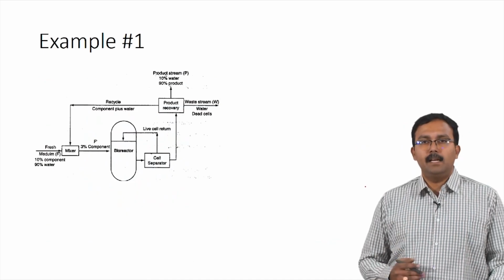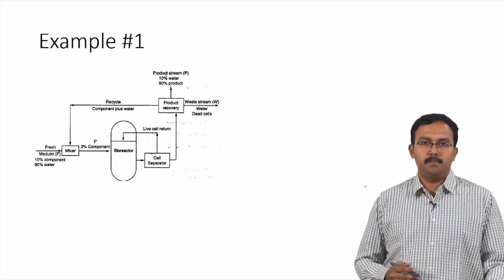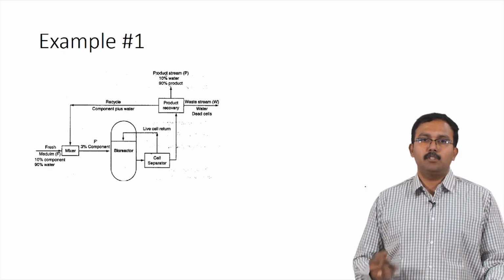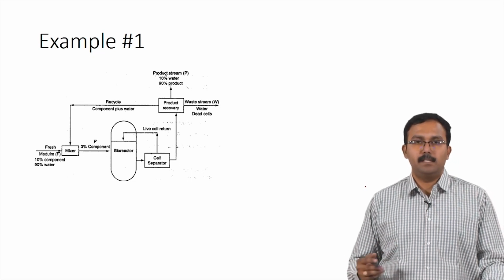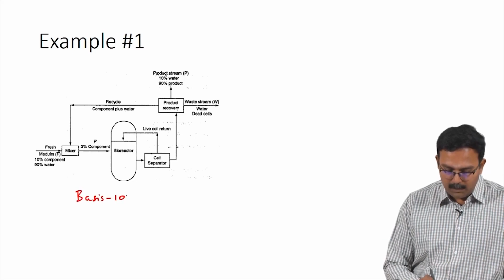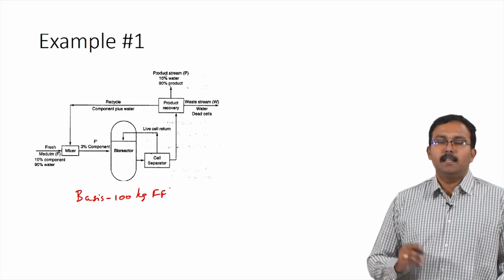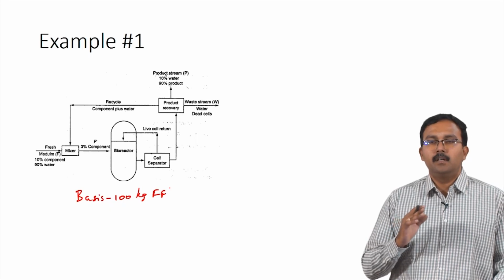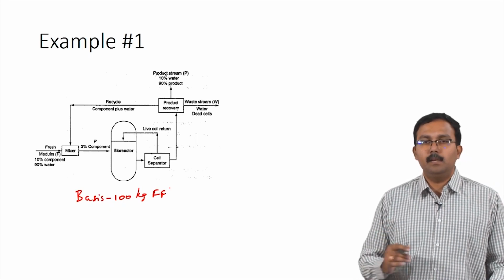As with any material balance problem, we first need to identify a basis for this problem. The problem statement does not give any mass or flow rates, so we can assume a basis. I have assumed a basis of 100 kilograms of fresh feed. We have also been told that the molecular weight of the proprietary component and the product can be considered to be equal.